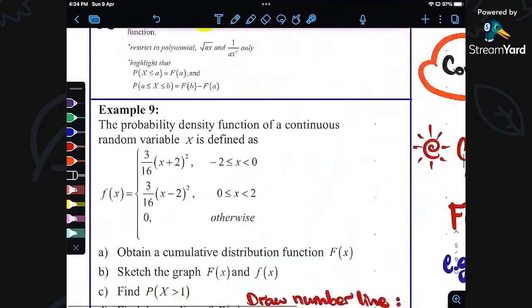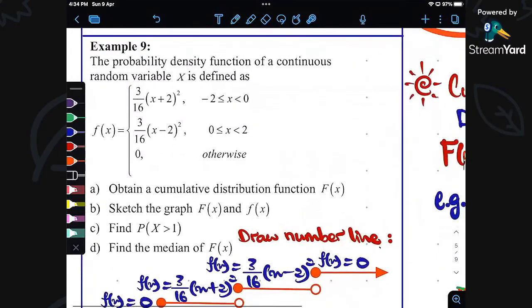So now let's do example 9. The probability density function of a continuous random variable x is defined as small letter f. So we are given a PDF. Whenever you see small letter f, it means PDF for the continuous random variable.